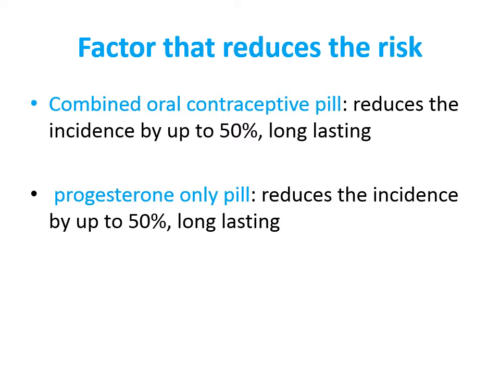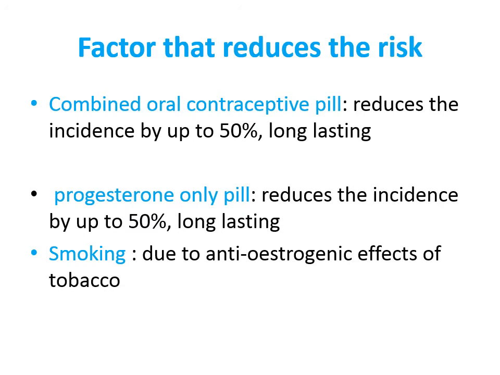That is to say, it is not only while the woman is using the pill, but any woman with a history of combined oral contraceptive pill intake or progesterone-only pill intake will have this reduction in the risk of future development of endometrial cancer. As well, smoking has been found to reduce the risk of endometrial cancer development, possibly due to the anti-estrogenic effects of tobacco.